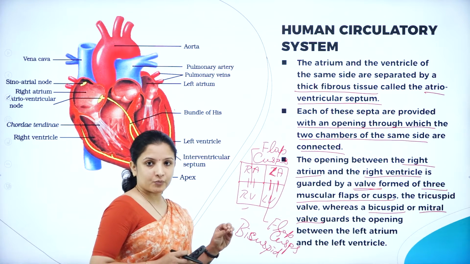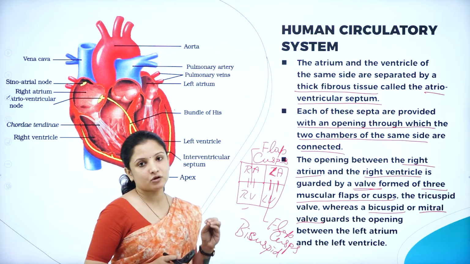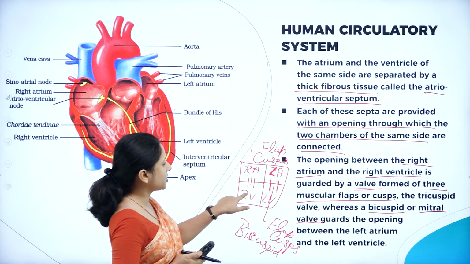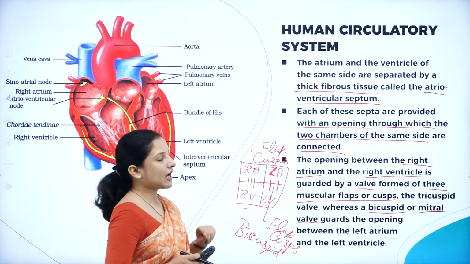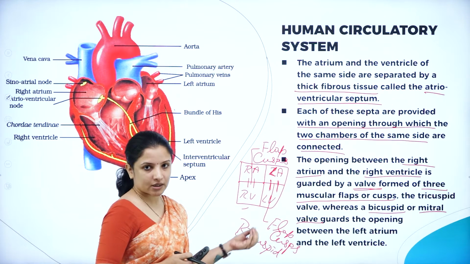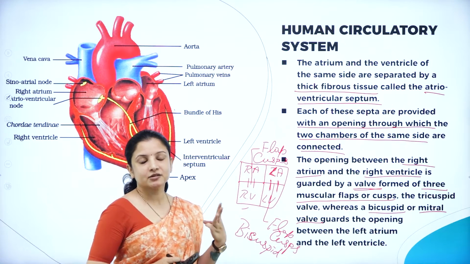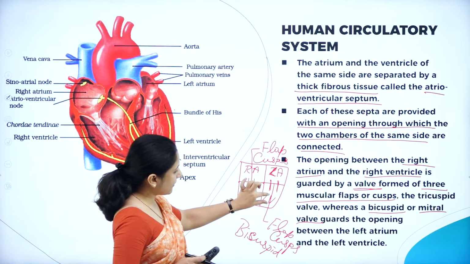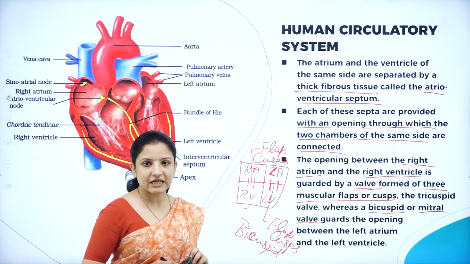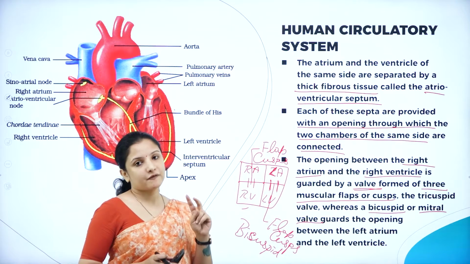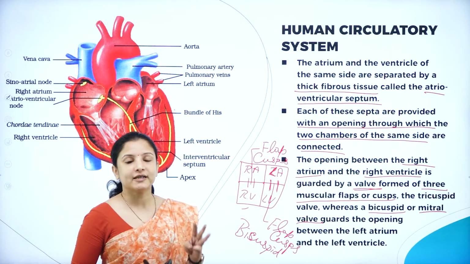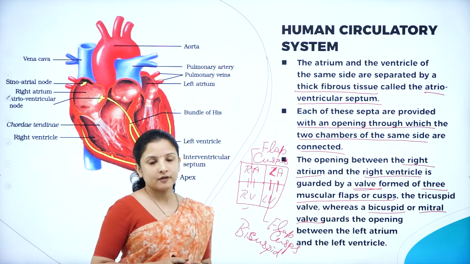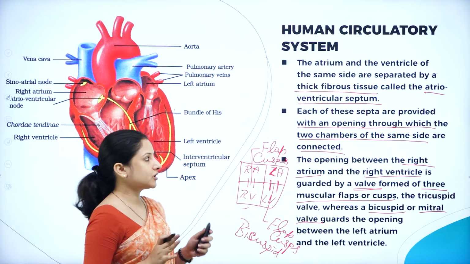Though there are openings, they are protected by a valve. The openings of the right atrium and the right ventricle are protected by flaps or cusps, and it is 3 layered. Hence it is called a tricuspid valve. The opening between the left atrium and the left ventricle is also protected by flaps or cusps, but it is made up of 2 layers, and therefore it is called a bicuspid valve, also called the mitral valve. So much we have understood about the heart now.